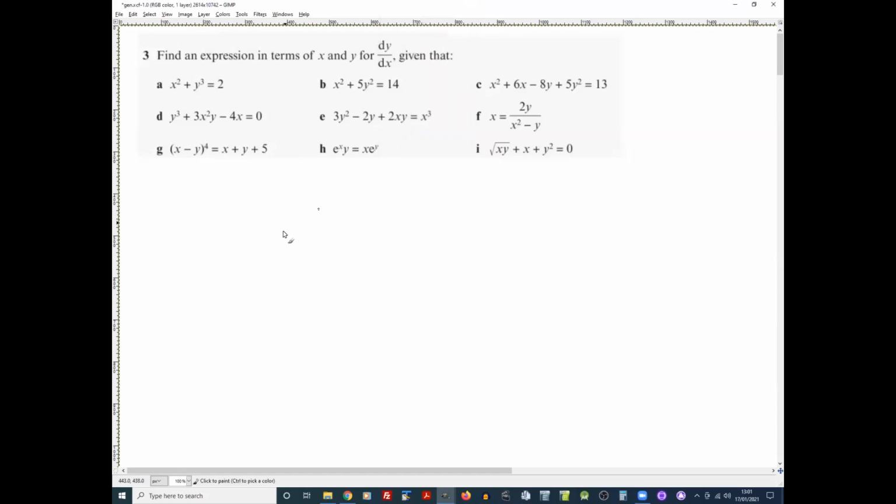I'm glad you're awake. So y cubed equals 2 minus x squared, and therefore y equals the cube root of 2 minus x squared.